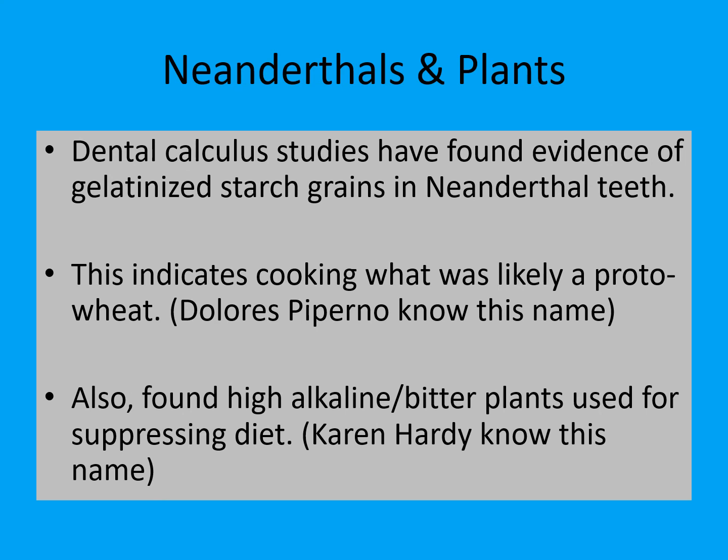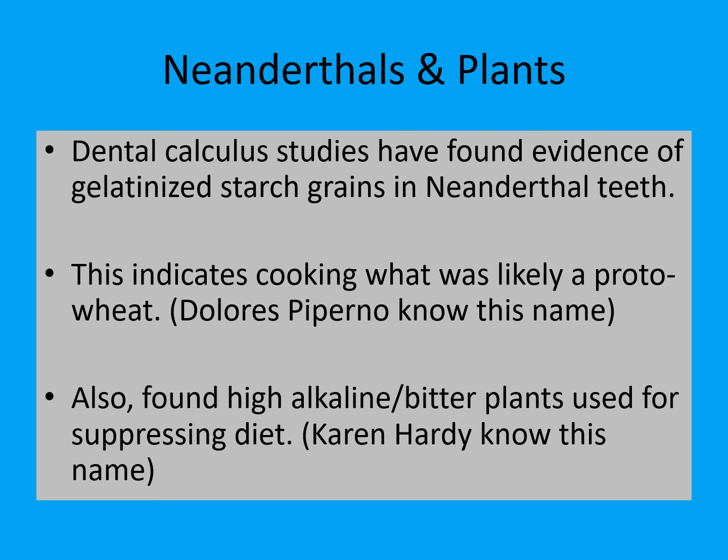So dental calculus studies have found evidence of what we call gelatinized starch grains in Neanderthal teeth, right? This indicates that they were likely cooking some sort of proto-wheat, or some sort of plant material that they found. And they also found high alkaline or bitter plants used for suppressing diet, right?